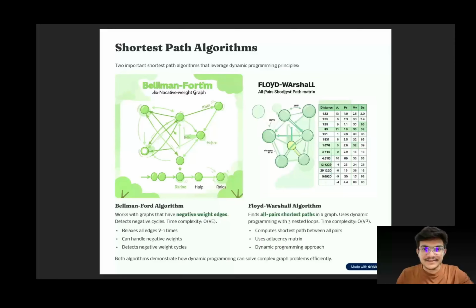And second, the Floyd-Warshall algorithm finds the shortest path between all pairs of vertices, uses dynamic programming, and the time complexity is O(V^3). Both algorithms show how dynamic programming is used in graph problems. These are both similar to Dijkstra's algorithm.